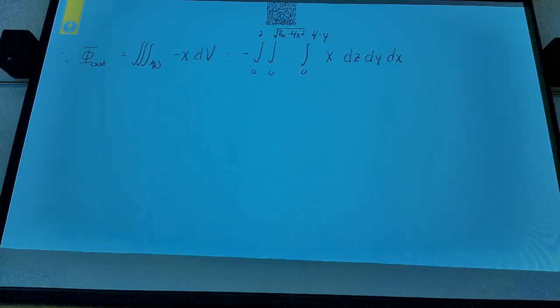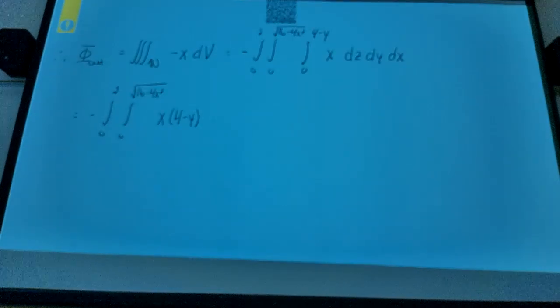And there is our flux set up. Integrate with respect to z. Really simple. I'm just going to get 4 minus y when you integrate with respect to z.